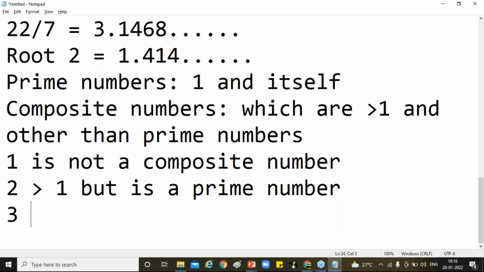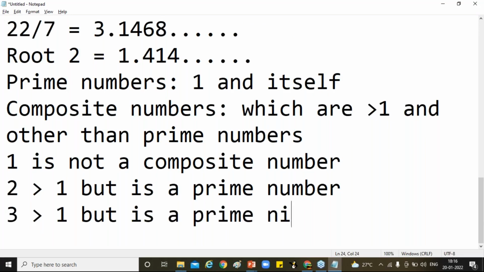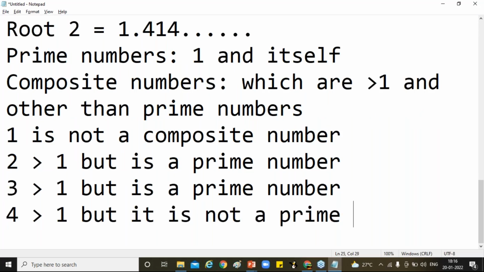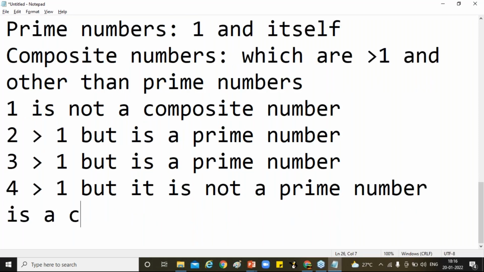If you take 3, 3 is also greater than 1, but it is also a prime number. But if you take 4, 4 is greater than 1, but it is not a prime number. So that is the reason it is called a composite number.